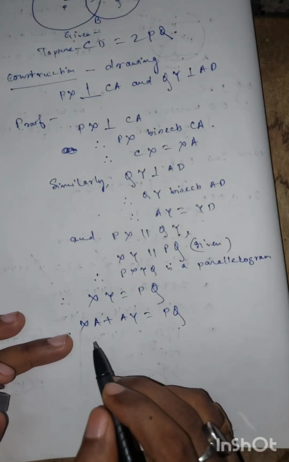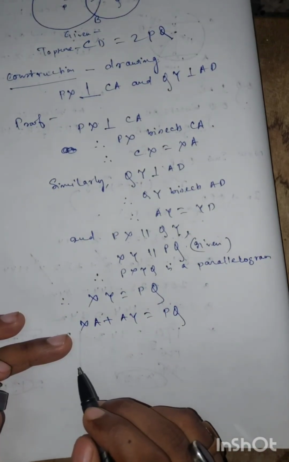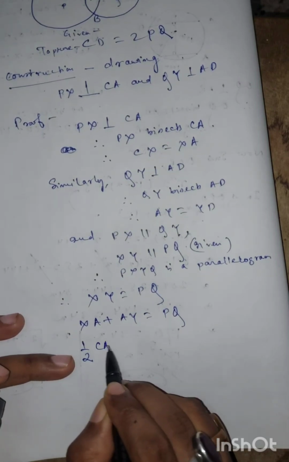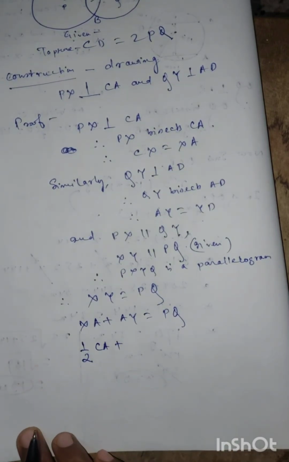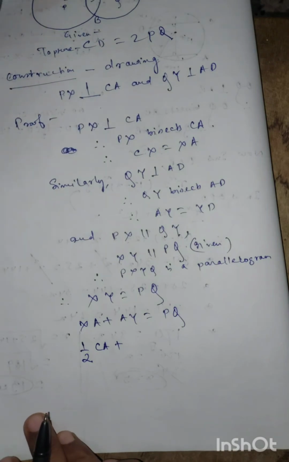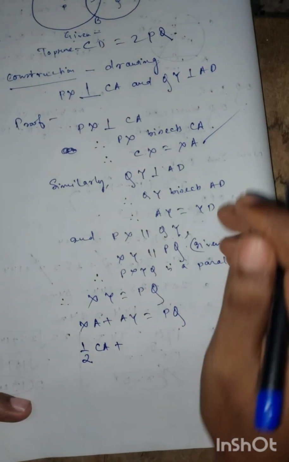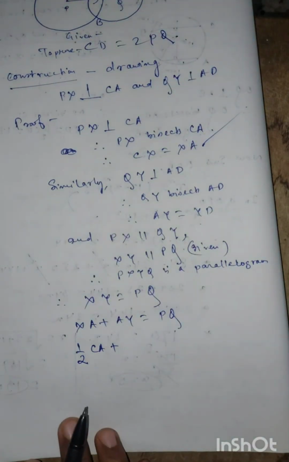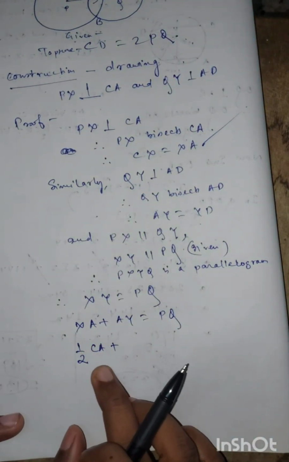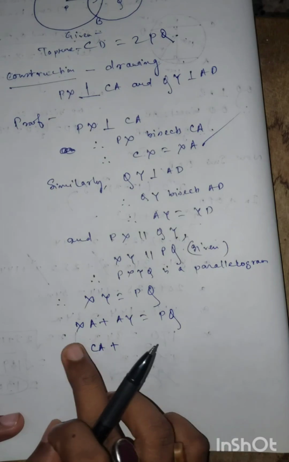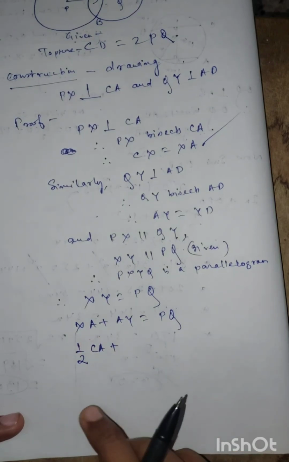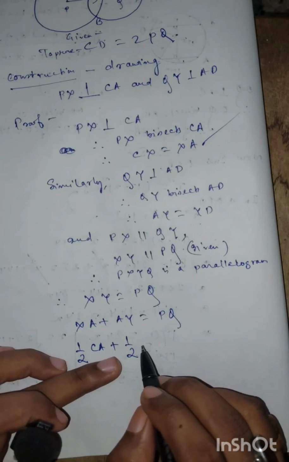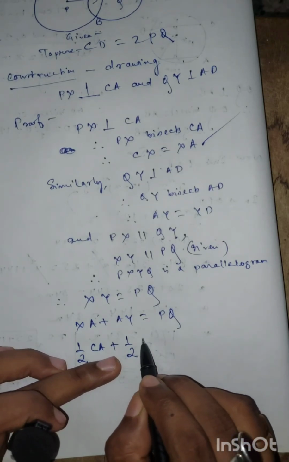In place of XA, we can write half of CA, because CX equals XA, this part equal to this part. That means XA will be half of CA, and AY can be written as half of AD.